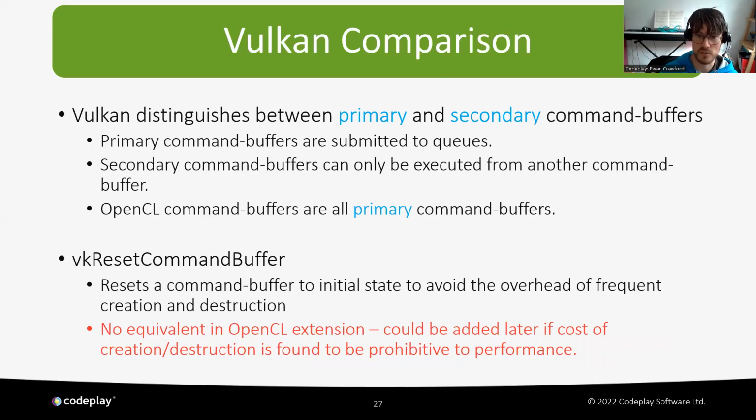However, this is just speculation, and there is no immediate drive from vendors to implement something like this, so it's omitted for the moment. Similarly, for vkResetCommandBuffer, there's no equivalent OpenCL entry point, but we could discover that if the creation destruction pattern is prohibitive to performance, we could possibly add that in later on as an additive change.